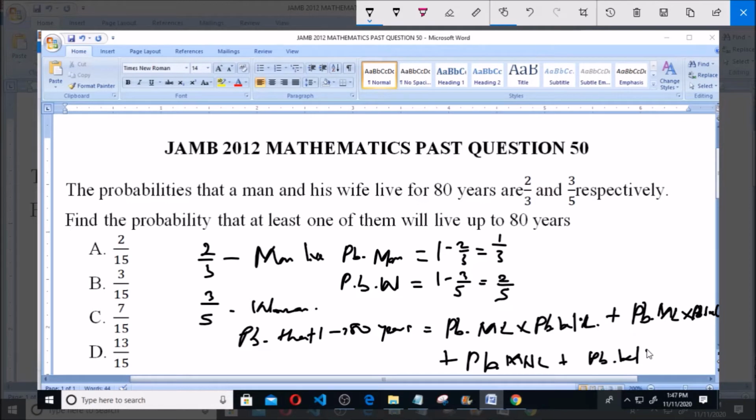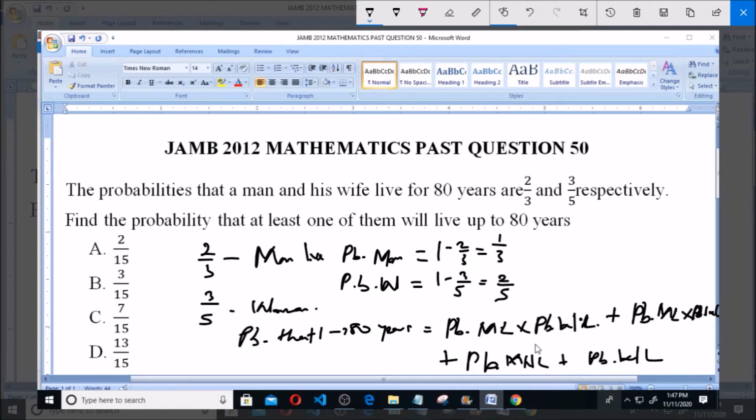So we have: both will live, plus the man will live and the woman will not live, plus the man will not live and the woman will live.